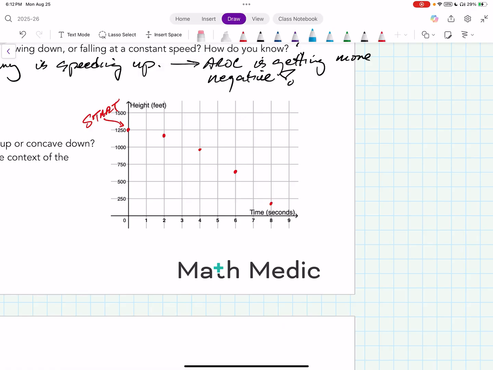And so if you graph the function, check this out. If you notice, it's getting lower and lower and lower, right? And then it hits the ground right here. Okay, h equals 0 at t equals 8.8.